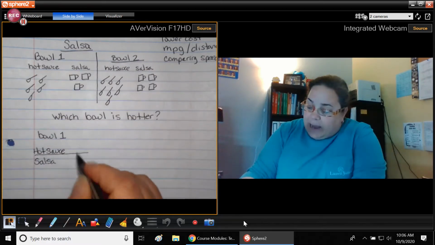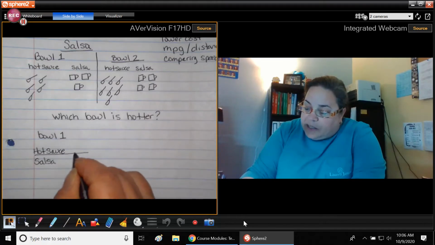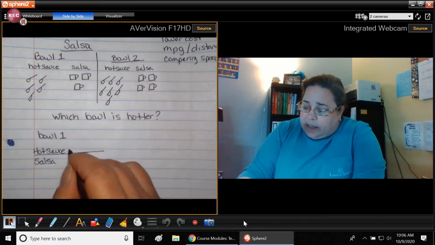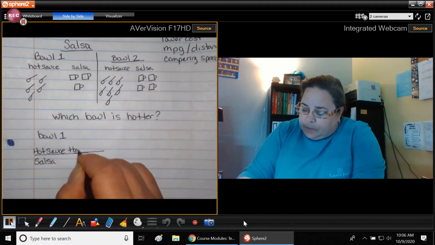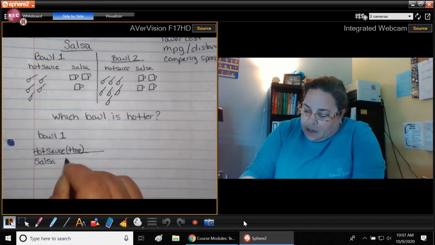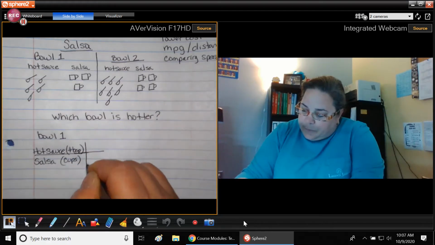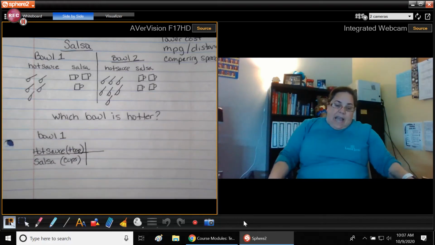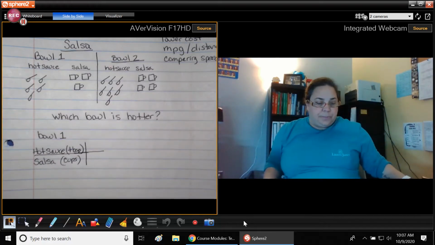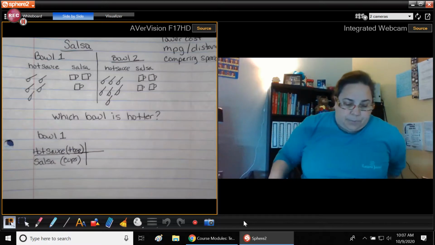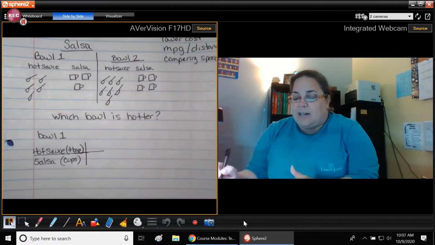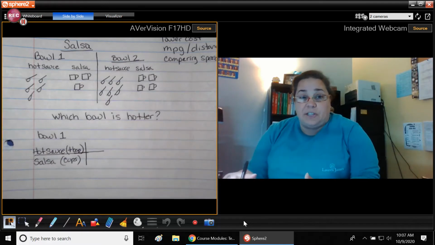And remember, when we have 2 different measurements, we're supposed to put them into our table, right? So this was tablespoons and this was cups. And if we want to find out which one's hotter, we have to figure out what our starting ratio is, right?